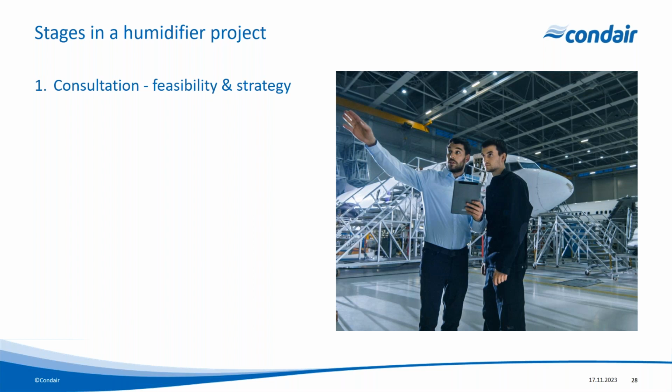And typically this will be conducted by one of our specialists who would come to site, and they would look at the building and the infrastructure and the energy availability and whether it's feasible to mount a spray system, or indeed look at integrating a system into your existing heating, ventilation and air conditioning system.